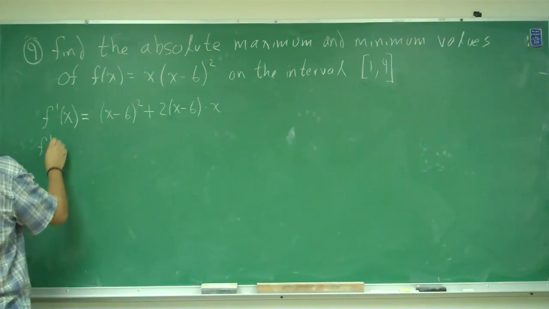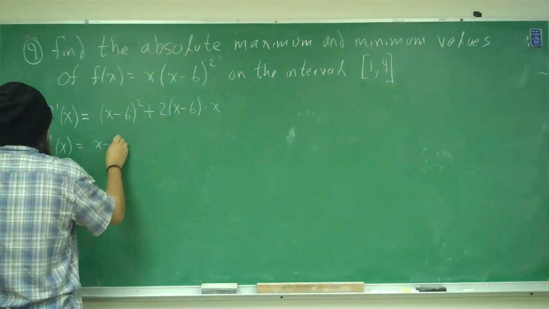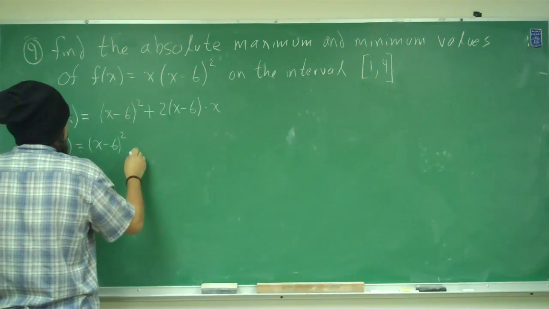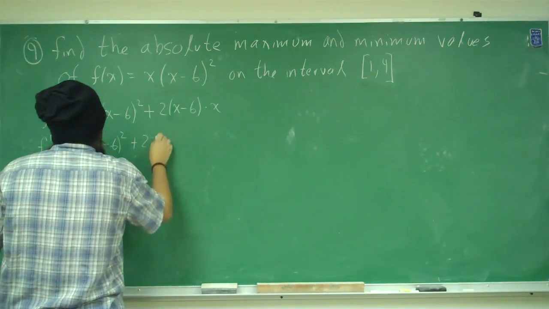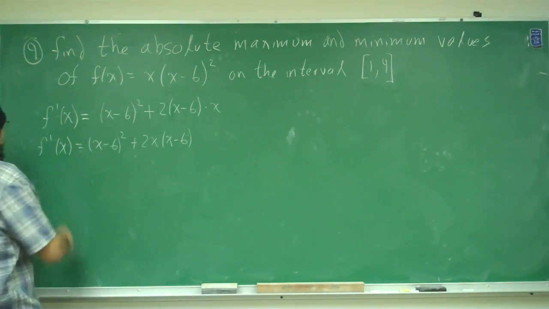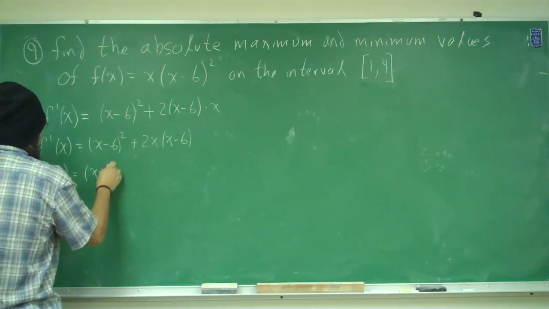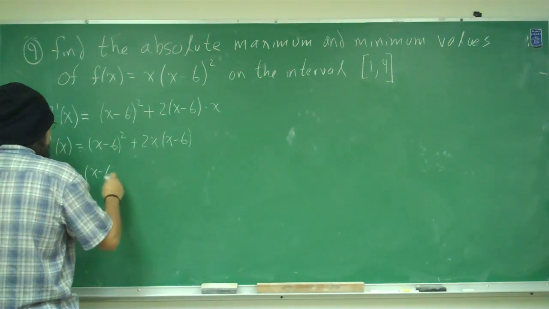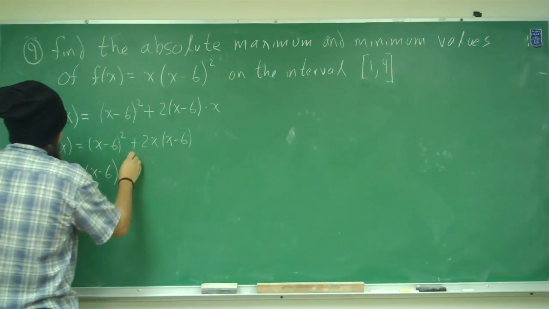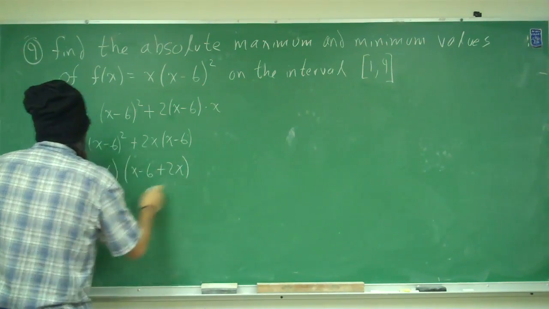Okay, let's do a little simplification here. We have (6 minus x) squared plus 2x times (6 minus x). We can go ahead and factor out a 6 minus x. Actually, x minus 6, not 6 minus x. So factor out x minus 6, and then that's x minus 6 plus 2x.